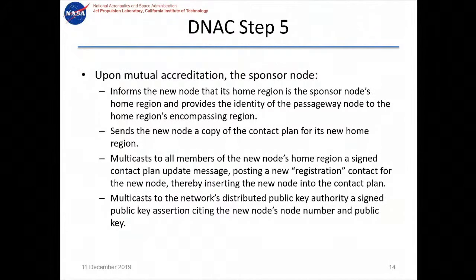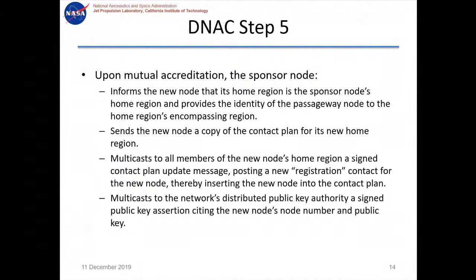When that happens, the sponsor node tells the new node, here is your home region. Your home region is the same as my home region. You are now in my region. And the passageway node to the encompassing region for our region is this node XYZ. And here's the contact plan for this region that you have now entered. Now, there are no contacts with you yet.